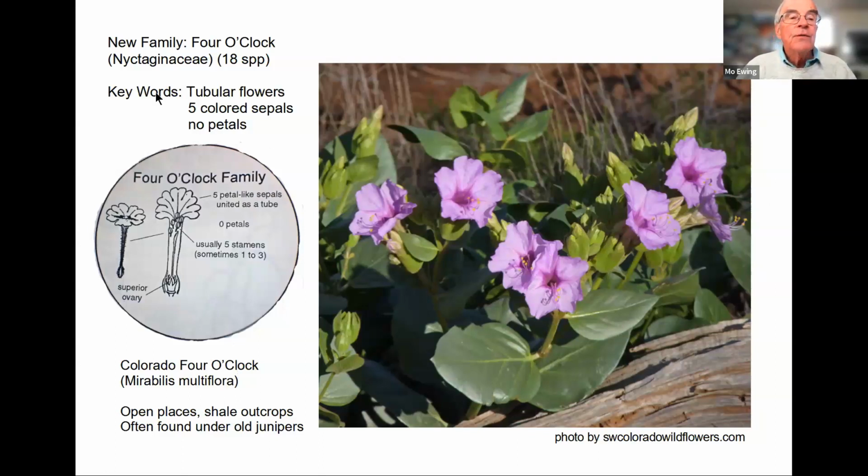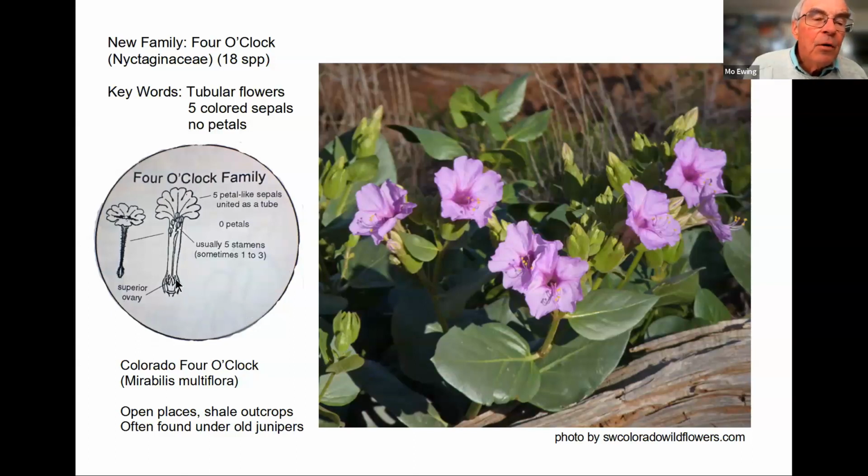The key words for this family, Nyctaginaceae, 4 o'clock family with 18 species, has tubular flowers with 5 colored sepals, but no petals, just the sepals. And I put this illustration in so that you could see it.